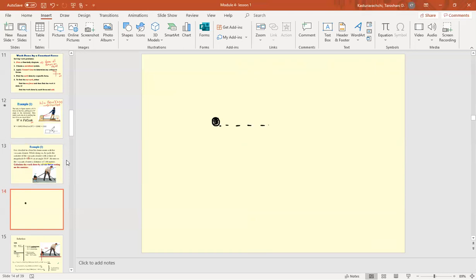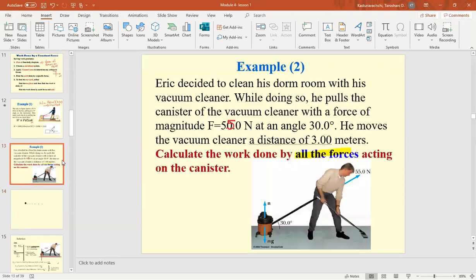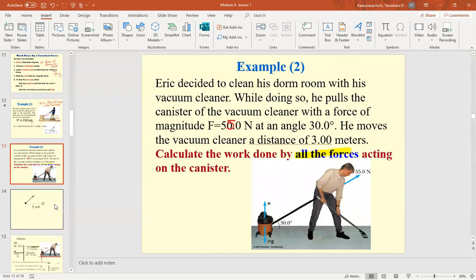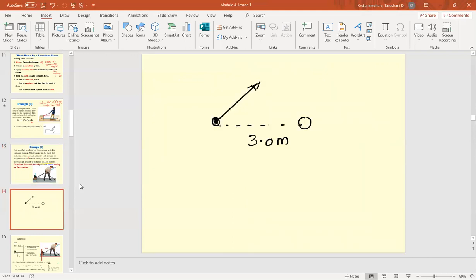What's the distance it moved? It moves 3 meters, and this person is applies a force of 55 newtons at 30 degrees. Anything else we know?